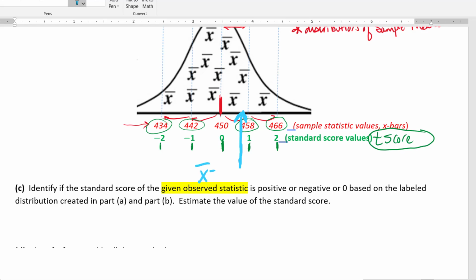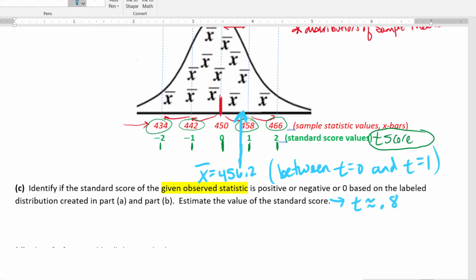So X bar equals 456.2 is approximately there. It is between t equals 0 and t equals 1. It's between 0 standard deviations above the mean and 1 standard deviation above the mean. And it looks like it's closer to 1 standard deviation above the mean. I would estimate t is about maybe 0.8.